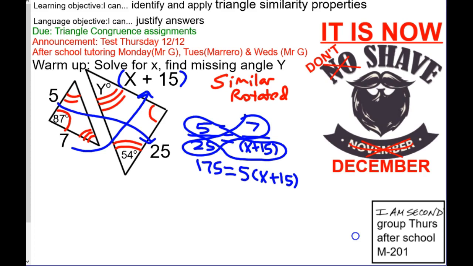What's that called, by the way? Distribution. Distributing, right? 5 times x, 5 times 15. So 5 times x is 5x. 5 times 15, 75. And then on the left side, I'm going to bring down 175.